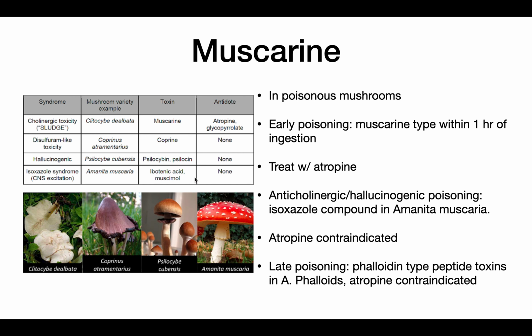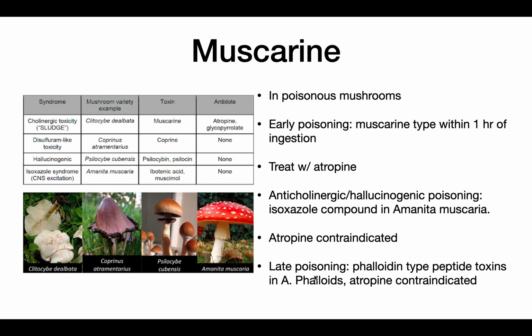Okay, so muscarine poisoning can occur in poisonous mushrooms. There is going to be all these kinds of mushrooms. Don't know if you have to really know them by heart, but just kind of know. You treat the mushroom poisoning with atropine. This is the life-saving drug. Except in the anticholinergic or like the hallucinogenic shrooms, that is when atropine is contraindicated.